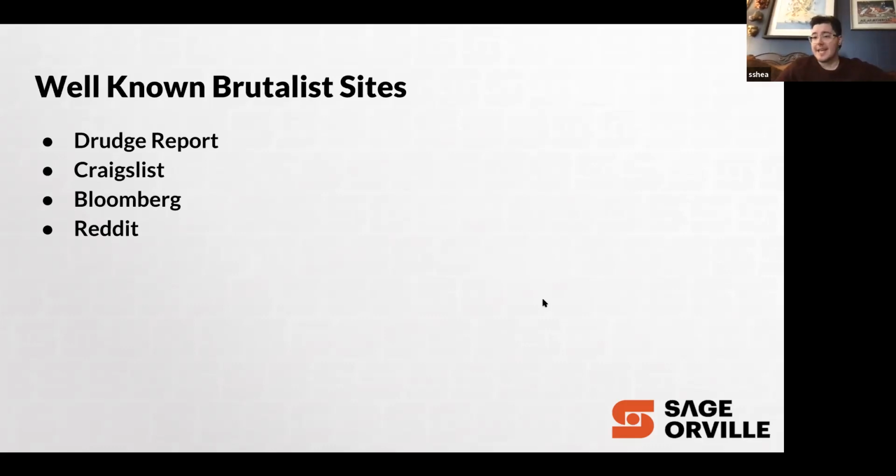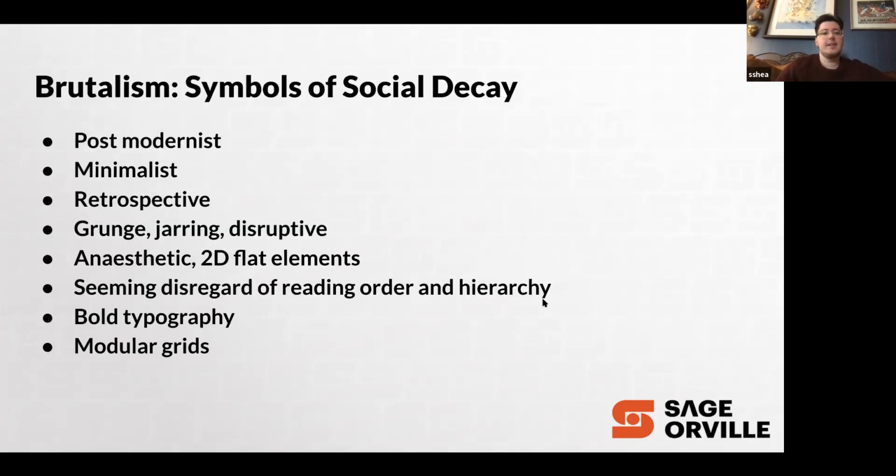And I know what you might be saying: but Sage, you previewed a few sites in the beginning that were very garish, had a lot of noise, a lot of color, a lot of overlapping elements. That's because brutalism, as most cultural movements, starts to evolve to include more things.